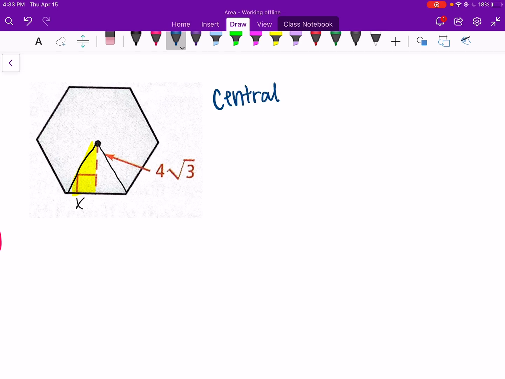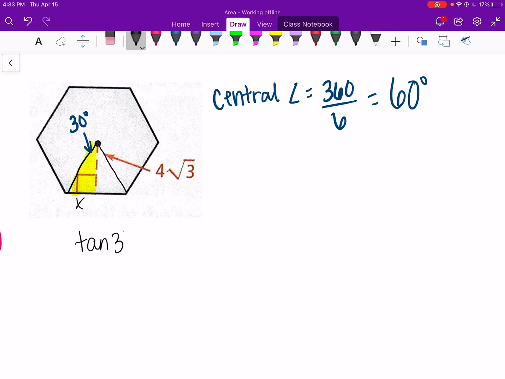So we'll use the central angle, which is 360 divided by the number of sides. So 360 divided by 6, which is 60 degrees. So if the whole central angle is 60 degrees, that means the part of our highlighted triangle is 30 degrees. And notice we have opposite and adjacent. So opposite and adjacent is tangent.